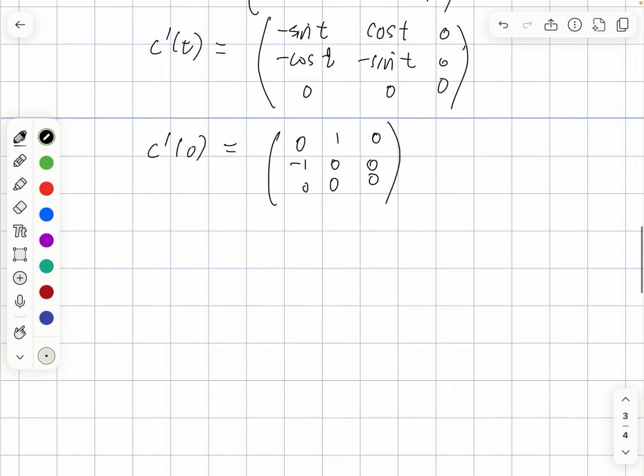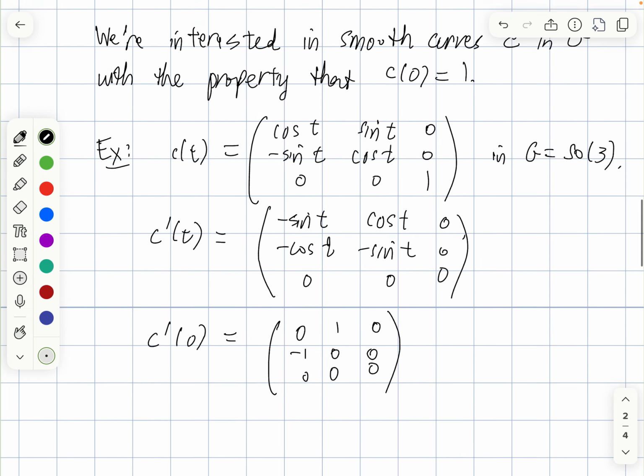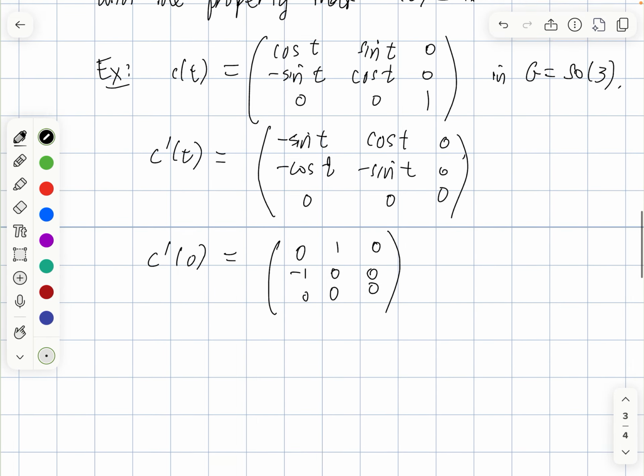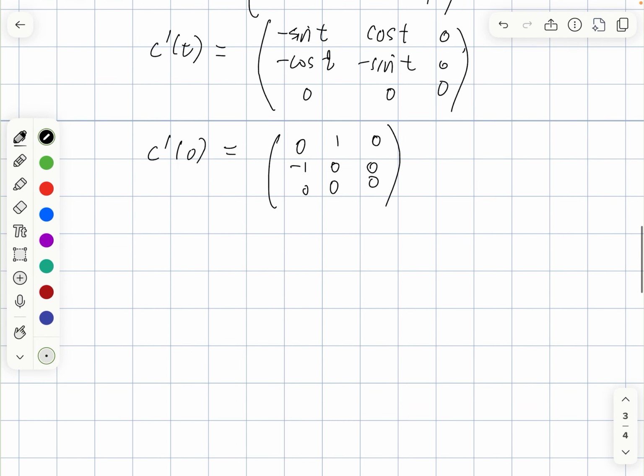Okay. And we can actually take all smooth curves that satisfy C of 0 is the identity matrix and look at all of these matrices that you get as C prime of 0.